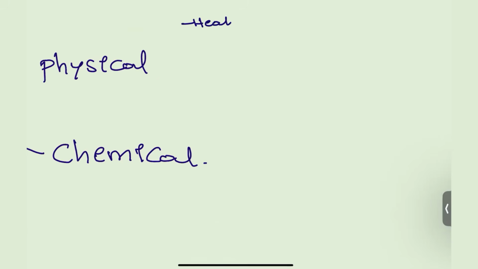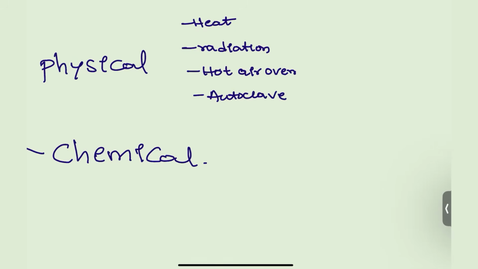Heat, radiation, hot air oven. All these come under the physical methods. Next, autoclave is also one of the physical methods. And even in radiation, ionizing radiation, cold sterilization, all this comes under the physical.